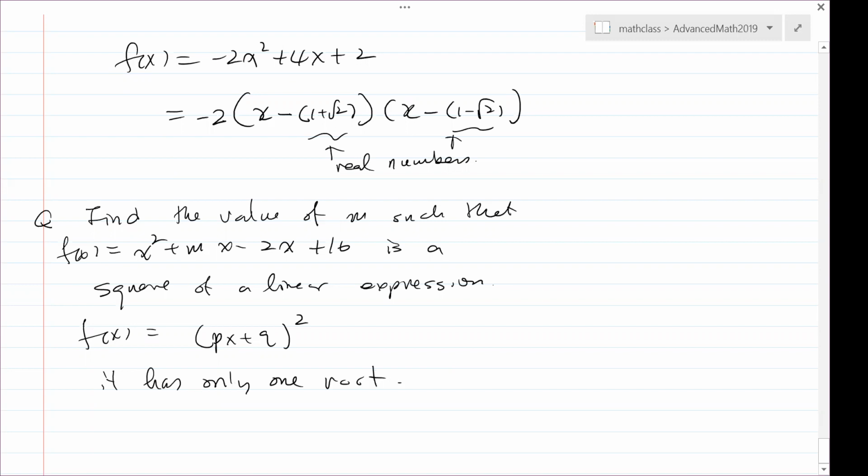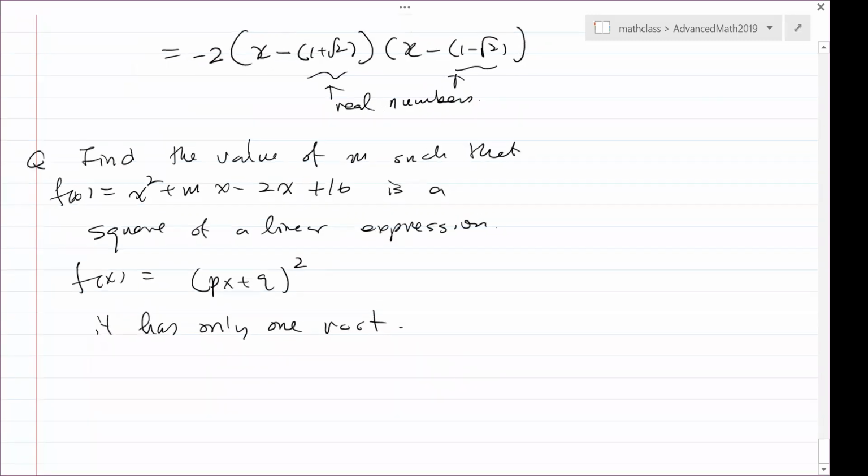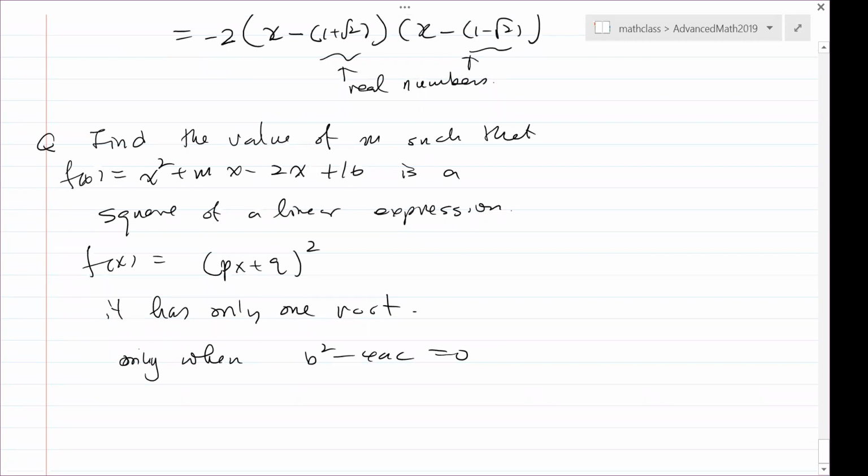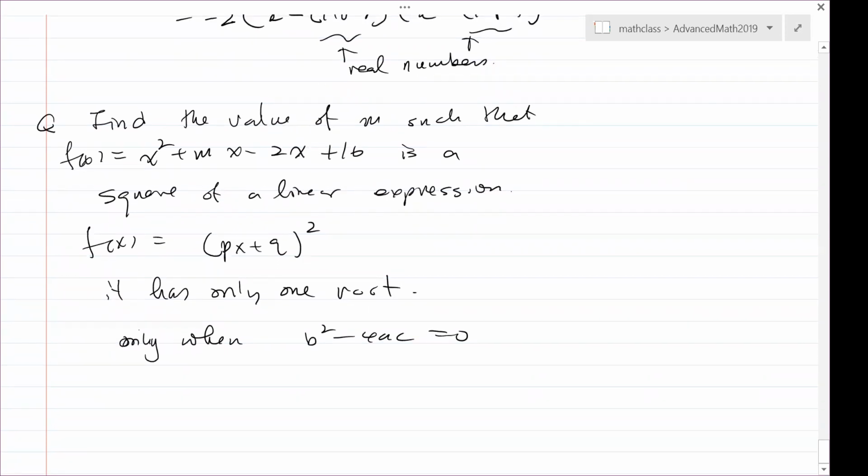When it has only one root, looking at the quadratic formula, that happens only when b squared minus 4ac is 0. So what is my b? b is m minus 2, a is 1, c is 16.